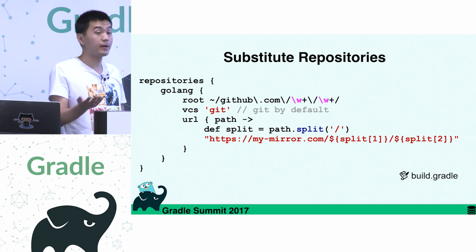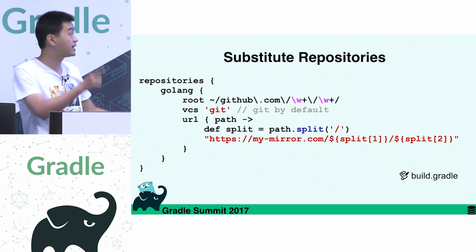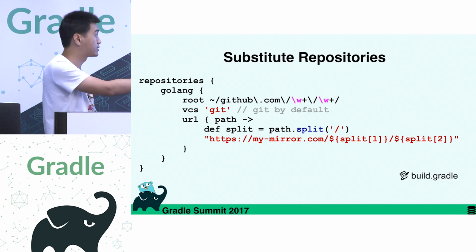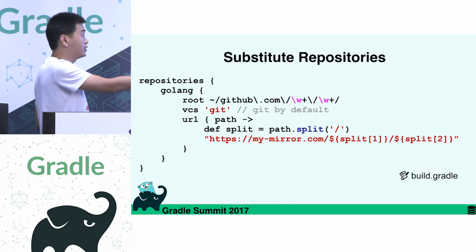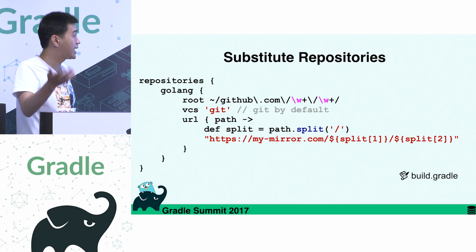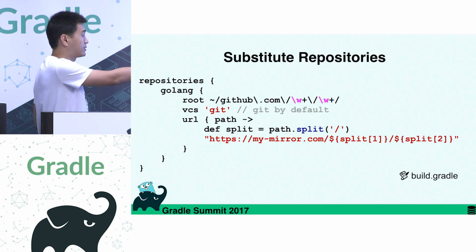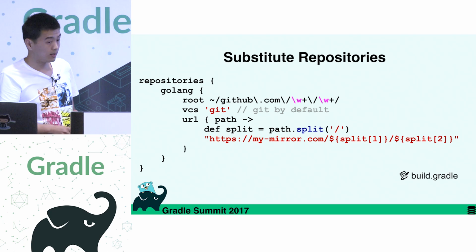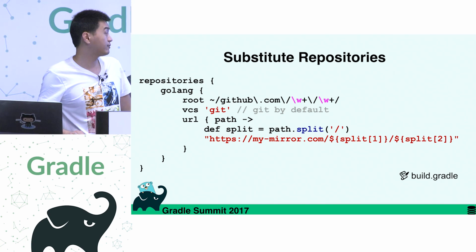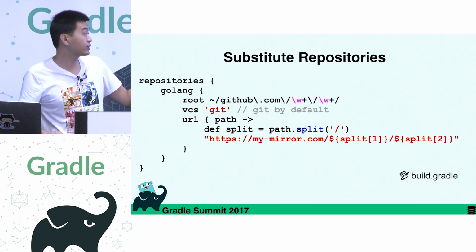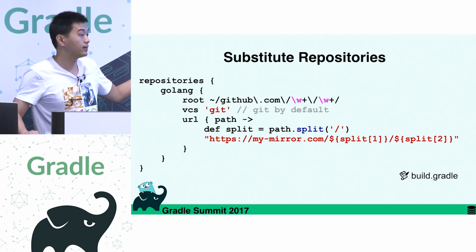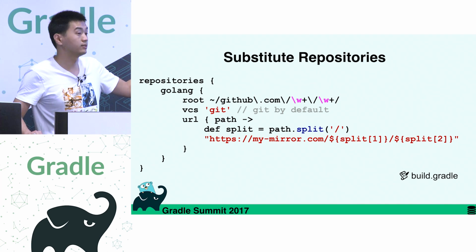For example, we have a package named github.com/a/b, and it matches this regular expression. So the closure will be executed with github.com/a/b, and the result URL is https://mymirror.com/a/b. It's extremely flexible because you can write any code, use any libraries in the closure, and the root statement is not necessarily a regular expression.